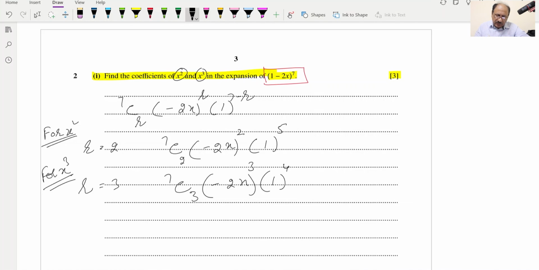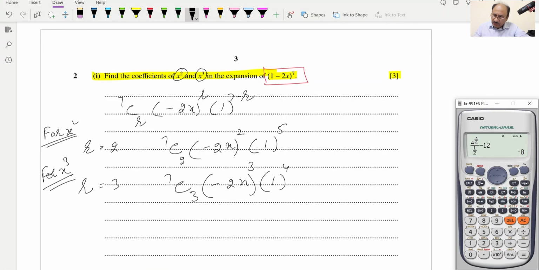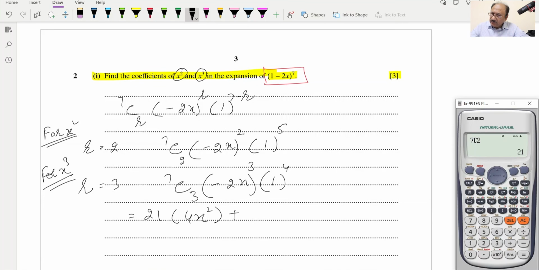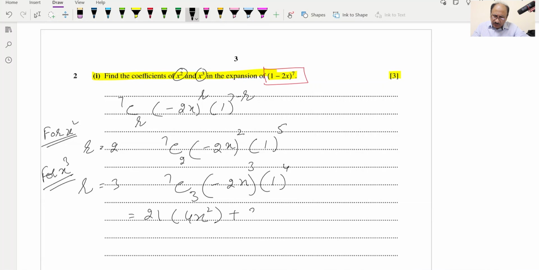We can find these terms. 7C2 is equal to 21, so we write 21, and the minus will be gone because it is squared, so 4x squared, and 1 raised to the power 5 is 1. Plus the other term, 7C3, which is 35, and minus 2 cubed is minus 8, times x cubed.